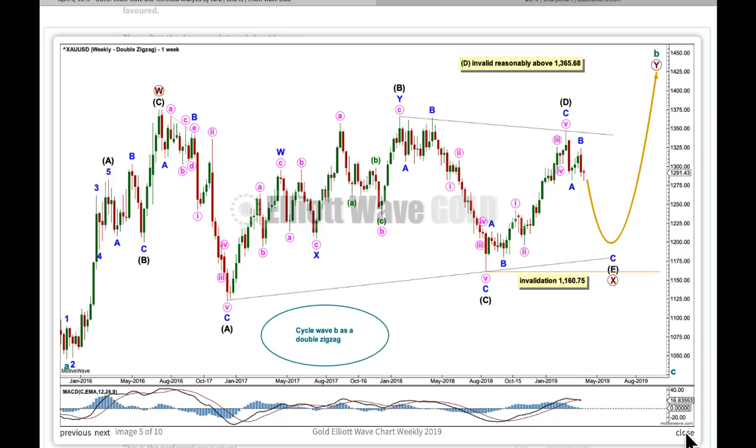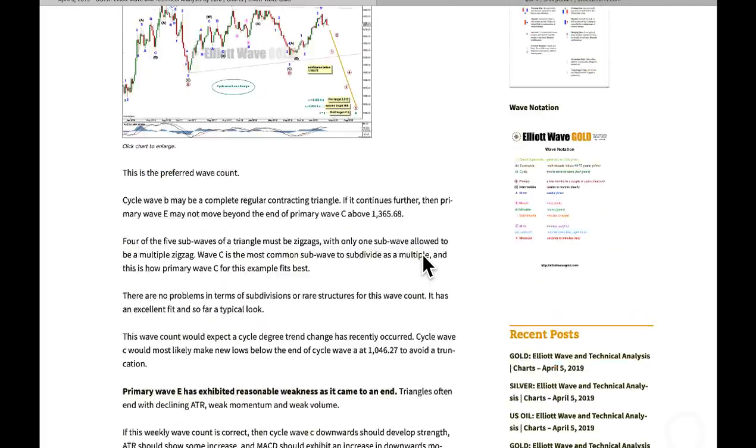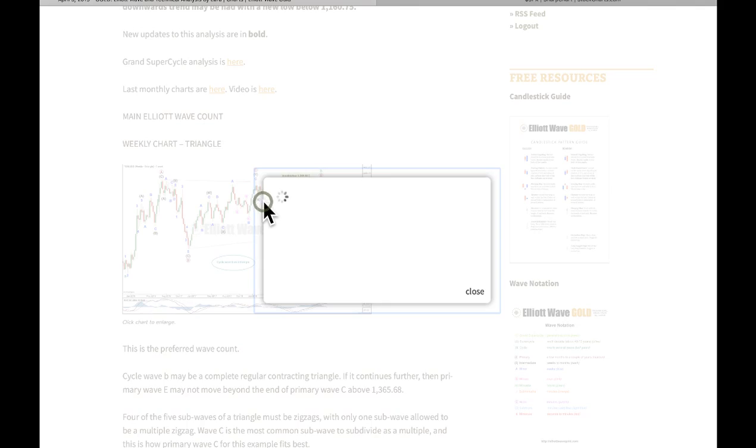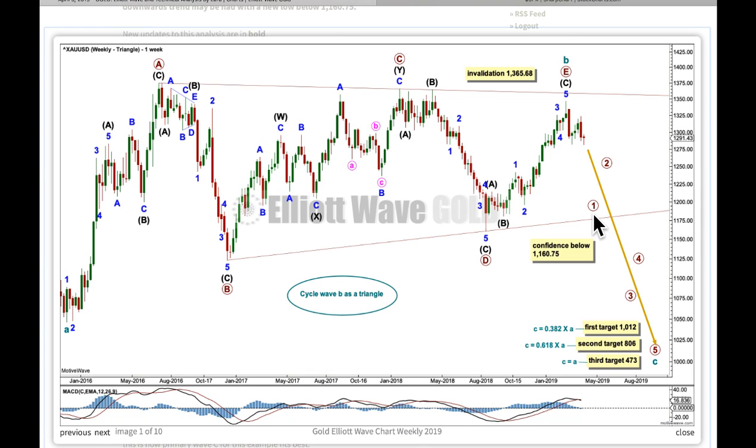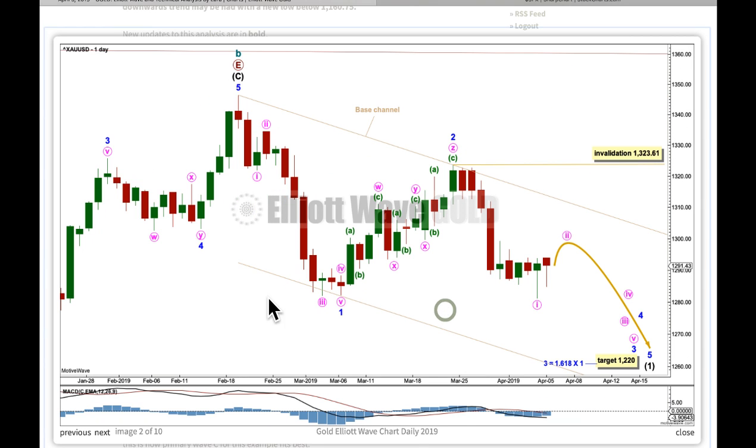I'm just going to quickly go back to the main wave count and try and explain something. Here, at the daily chart level, downward movement is seen as 5, 3, and an incomplete 5 for a third wave. 1, 2, 3 subdivides 5, 3, 5.